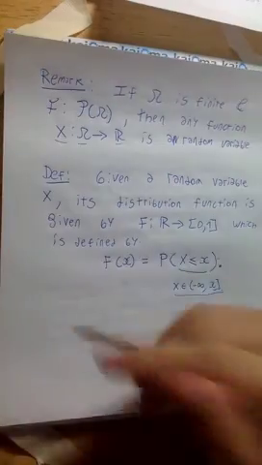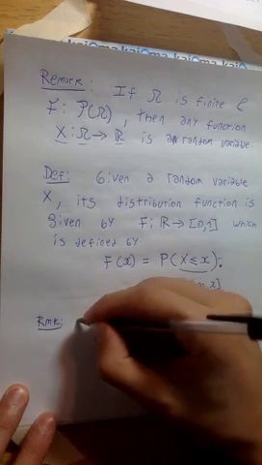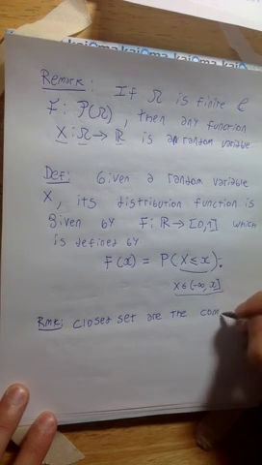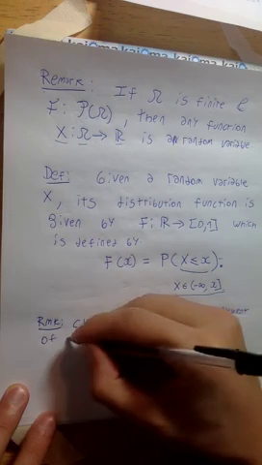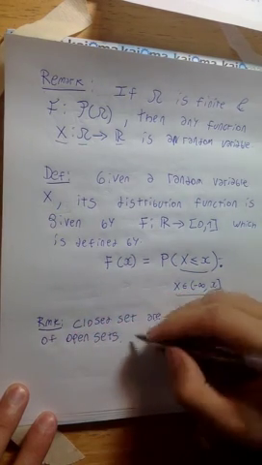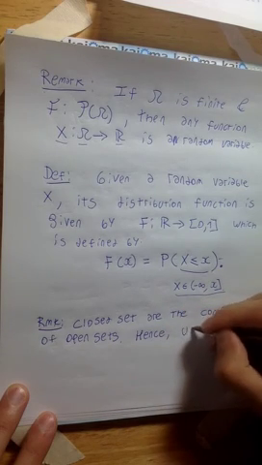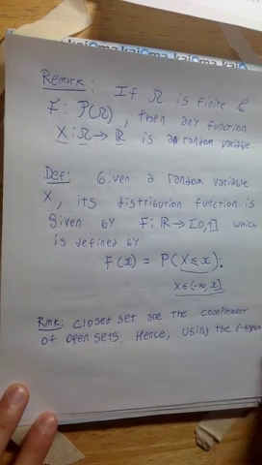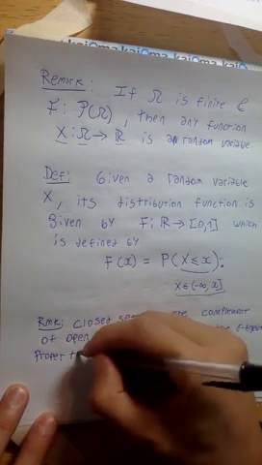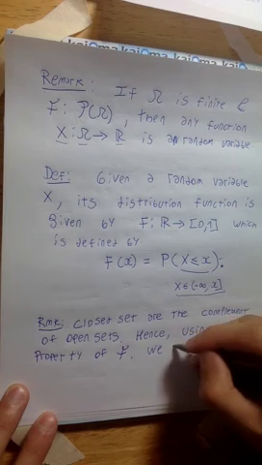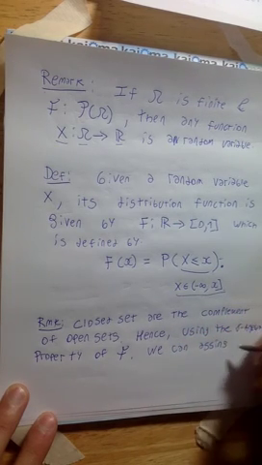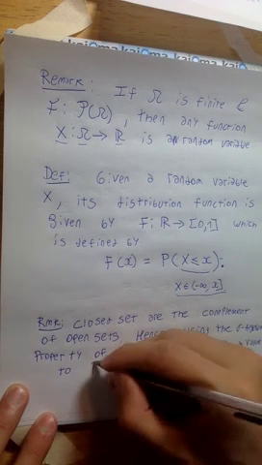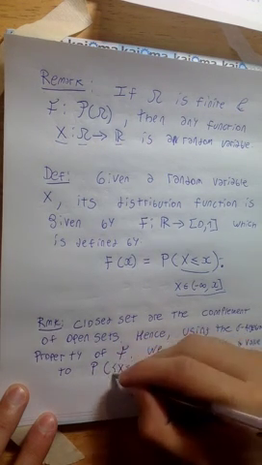Okay, so remark: closed sets are the complement of open sets, hence using the sigma algebra property of F, we can assign a value to P of X less than or equal to x.